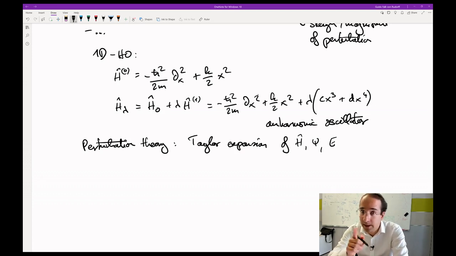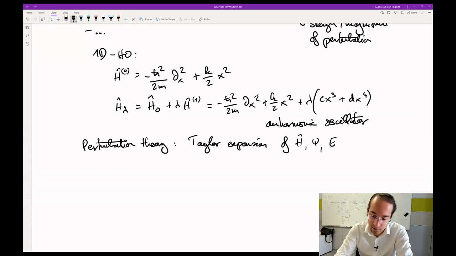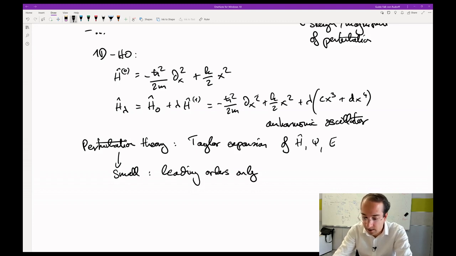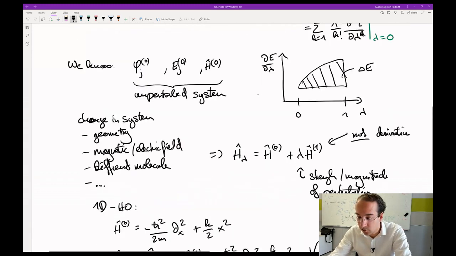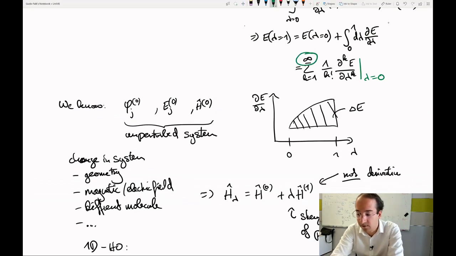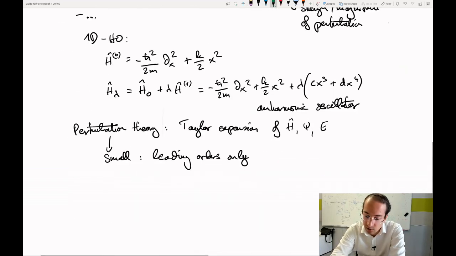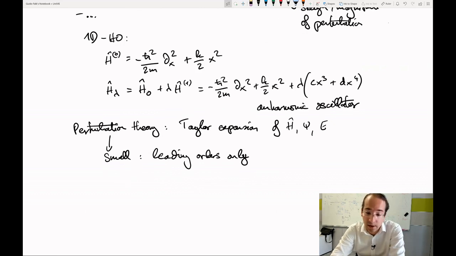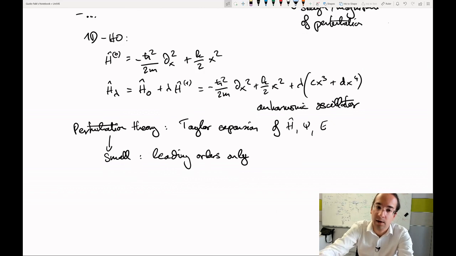There's no formal requirement for this, but if it is only a minute change, then only the leading orders should suffice. Because otherwise, rather than solving for these infinite contributions in this infinite sum, I'd rather only do the first few leading orders, because otherwise I could just directly evaluate the true target function on its own.